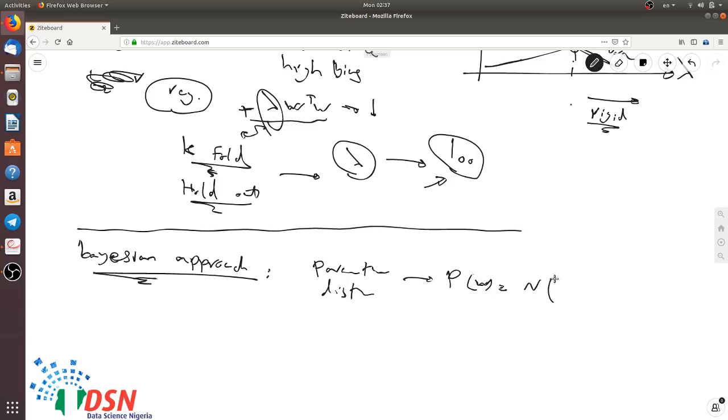If the prior is Gaussian, with the mean M0 and the variance S0, then the posterior probability, where T is the training data, so this is the posterior probability over W.